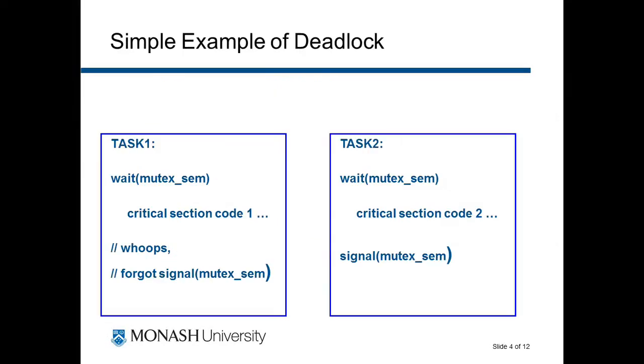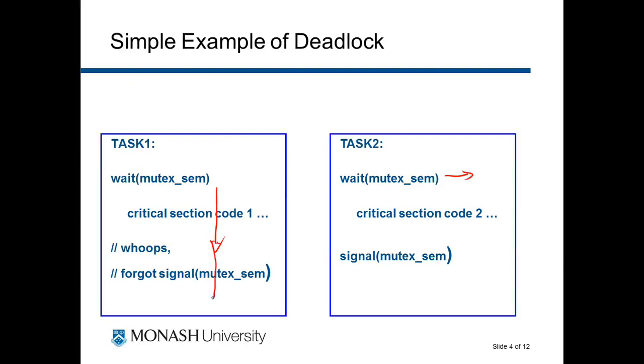Okay, simple example of how it can occur. Task 1 waits on a semaphore. Task 2 waits on a semaphore. Let's suppose task 1 gets it. It goes through its critical section of code. Now what happens? Task 2 wakes up. Task 2 still has to wait for this semaphore.